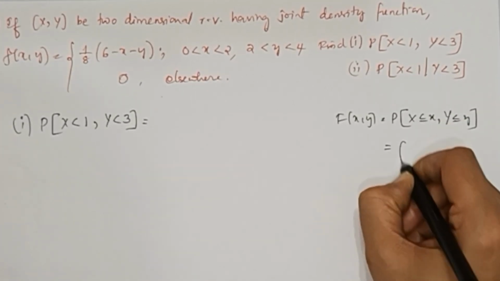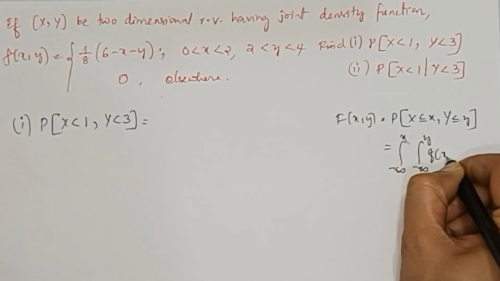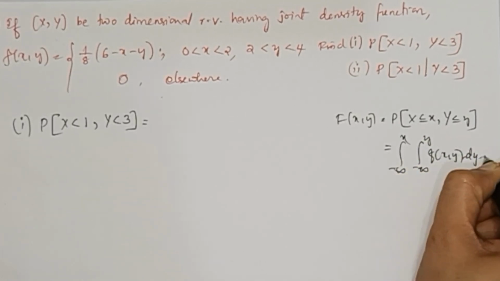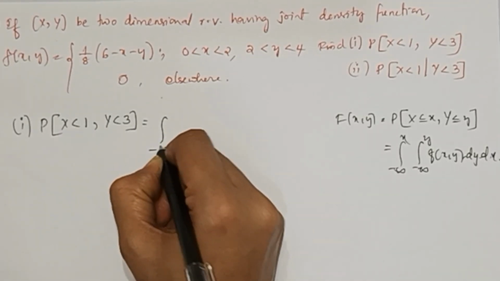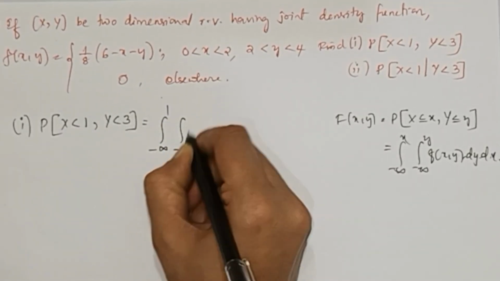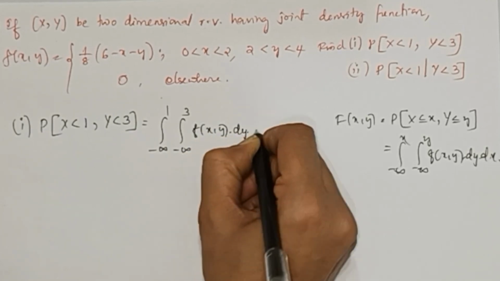So this is nothing but integral from minus infinity to x, integral from minus infinity to y, f of x comma y dy dx. So as per this, now here you have minus infinity to 1, integral from minus infinity to 3, f of x comma y dy dx.